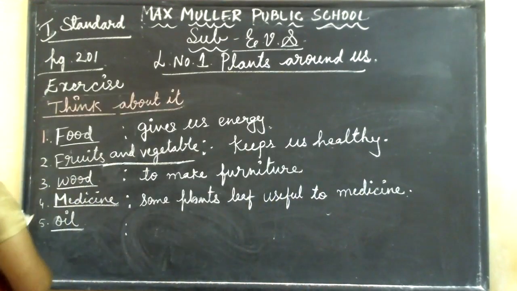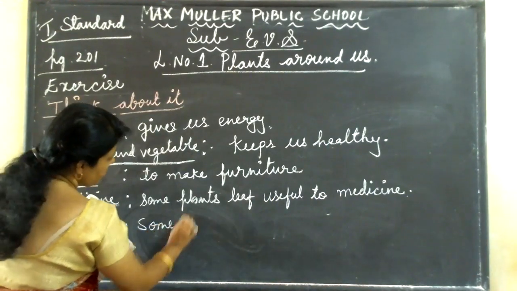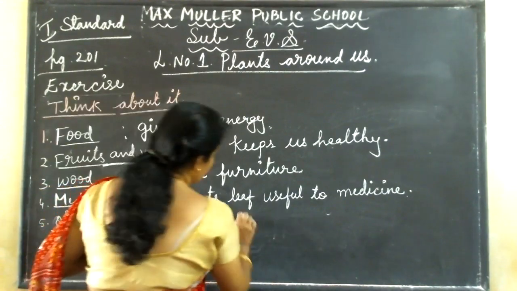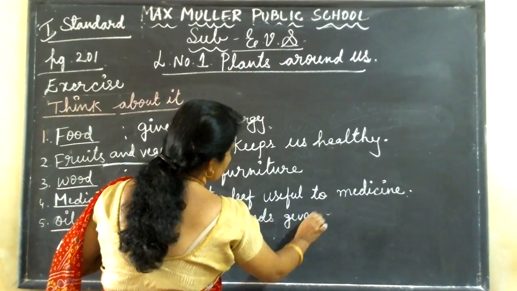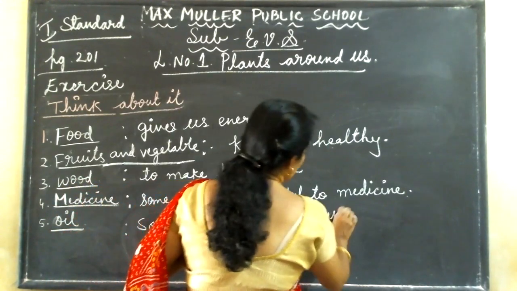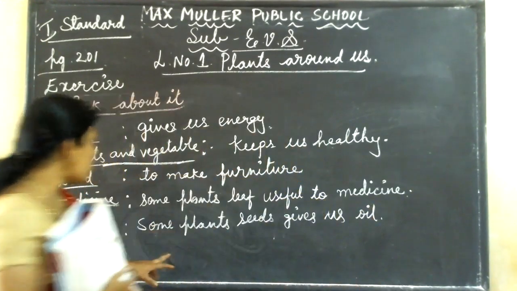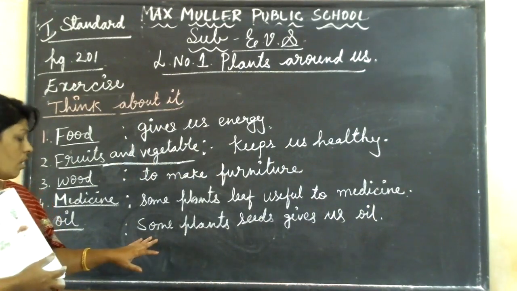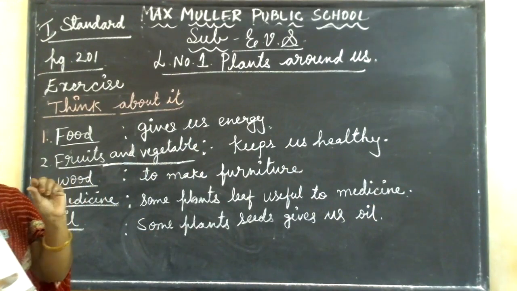Some plant seeds give us oil. Okay, children, see the example: coconut and groundnut, kadlekai bija, you know, no?